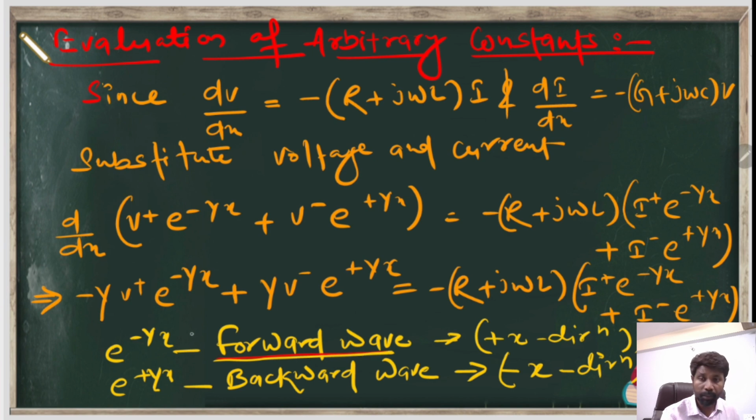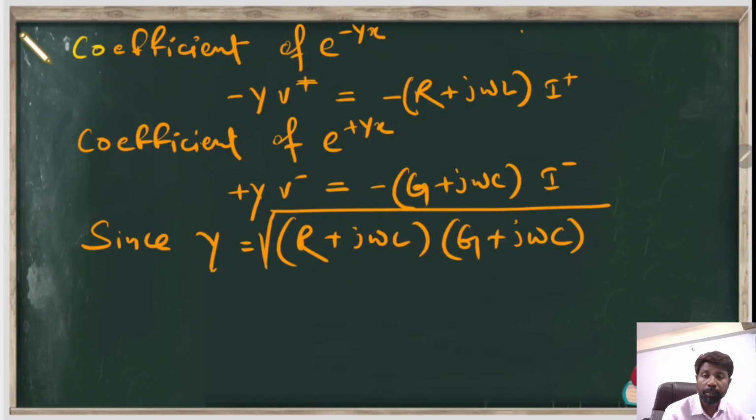E to the power minus gamma x represents the forward wave, and e to the power plus gamma x represents the backward wave. If you compare the coefficient of e to the power minus gamma x, then on the left hand side we have minus gamma v plus, which is equal to minus r plus j omega l into I plus.